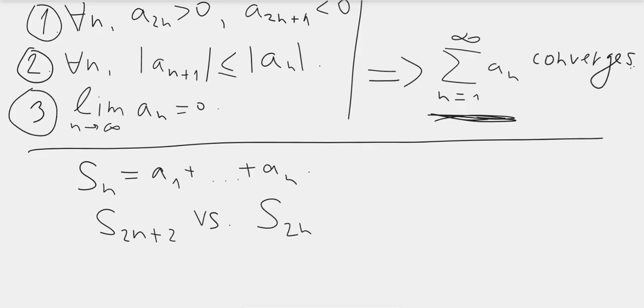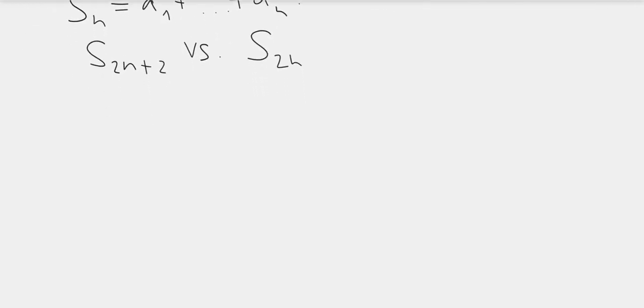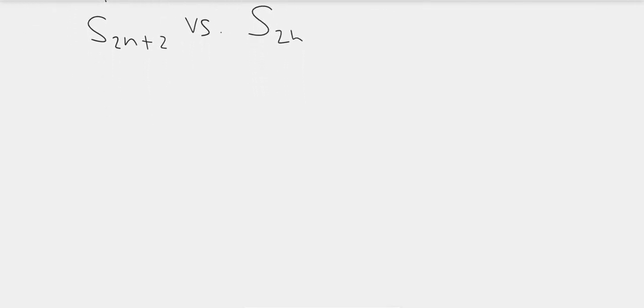It's easy to see that this partial sum is equal to S2n plus two terms: plus a2n plus 1 and plus a2n plus 2, right?